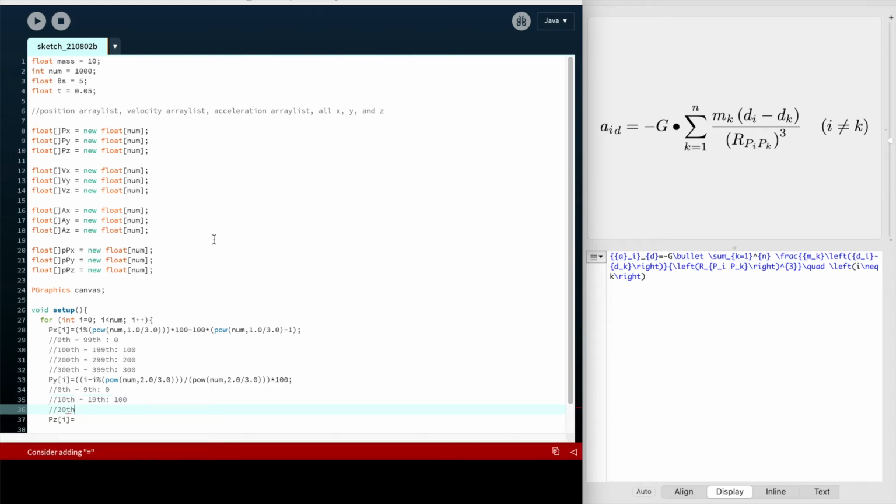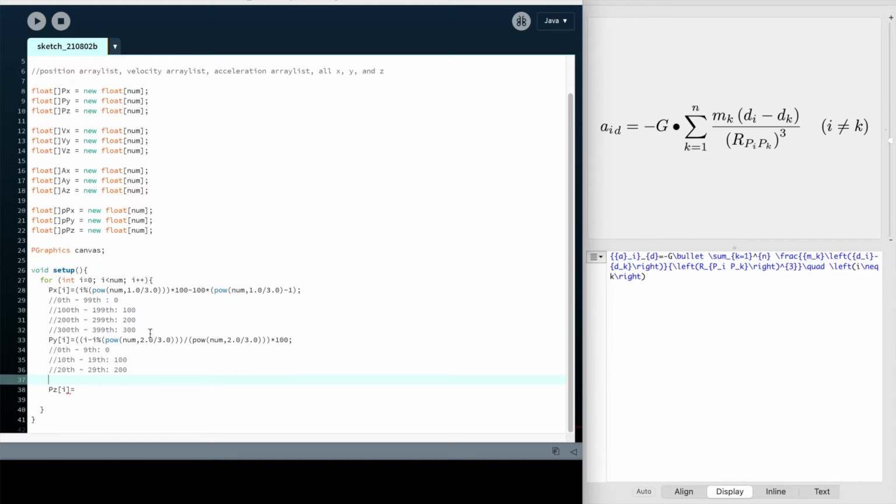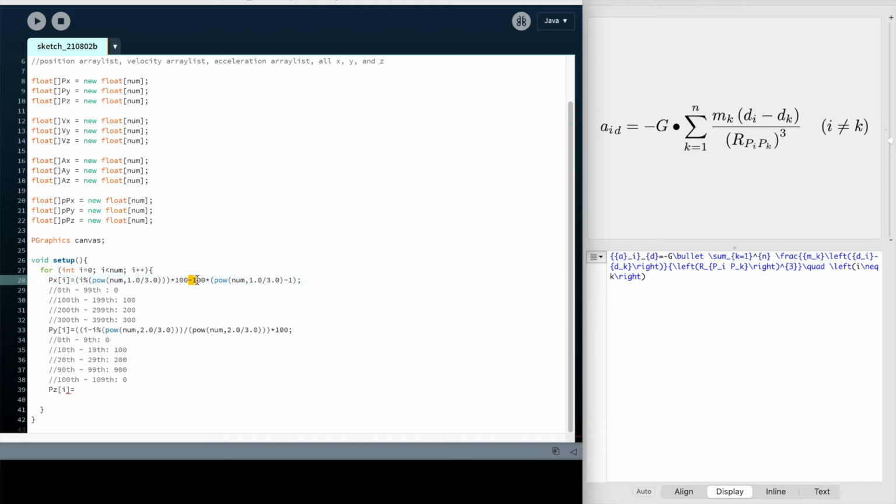And then 20th object to 29th object is going to have 200, and so on until we have the 90th object to 99th object is going to be 900. Then the 100th object to 109th object, when it goes there, it's going to go back to 0. And also I forgot to subtract this here too.